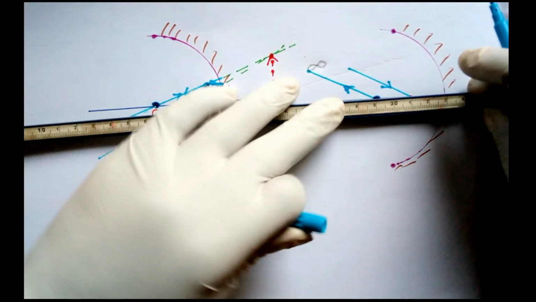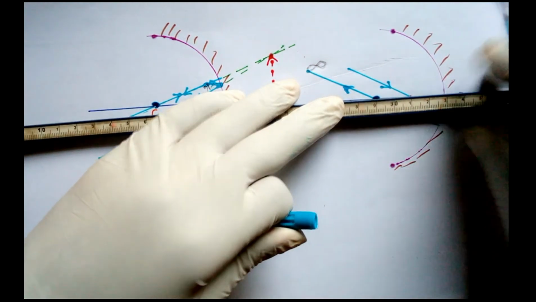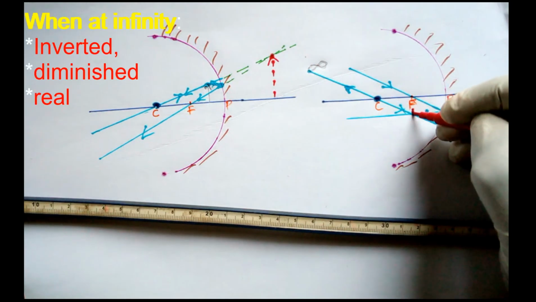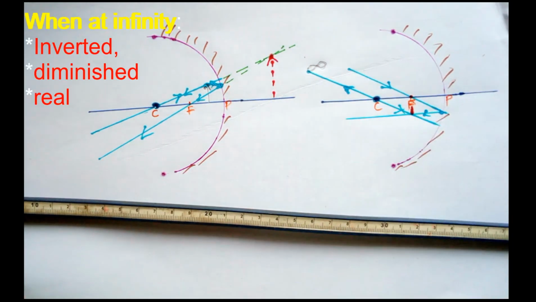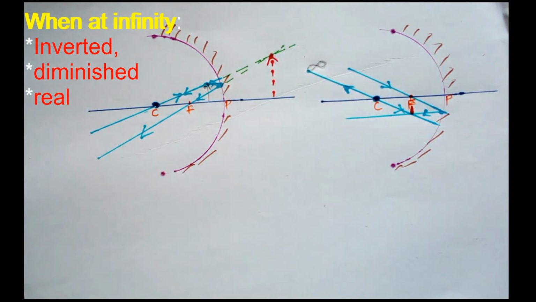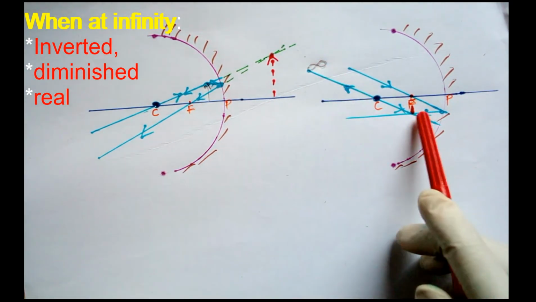Or it could come the other way around as well. The image is formed here, right on F. So you would see that when the object is at infinity, the image will be formed at F.